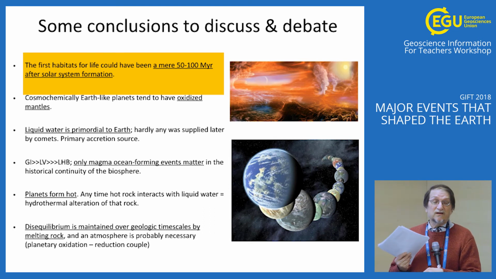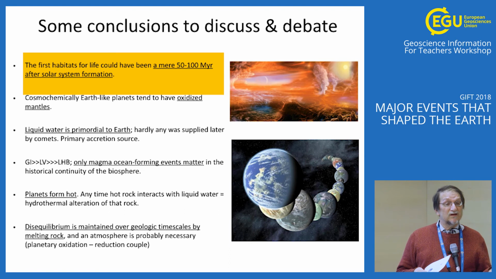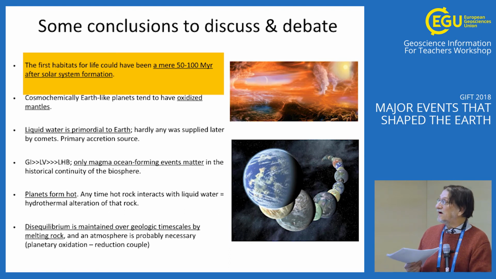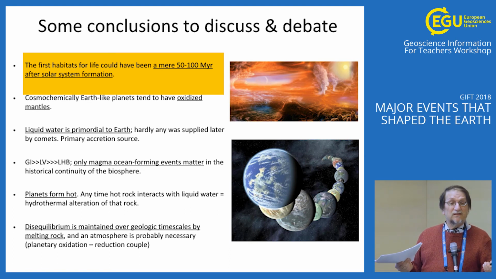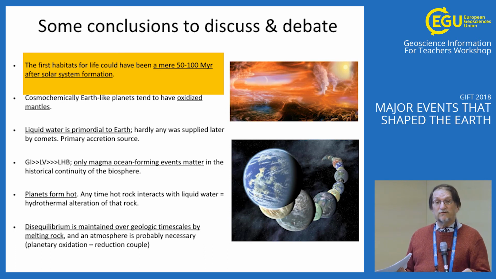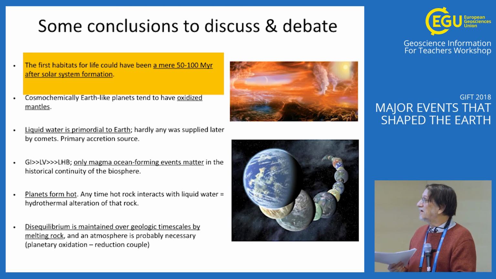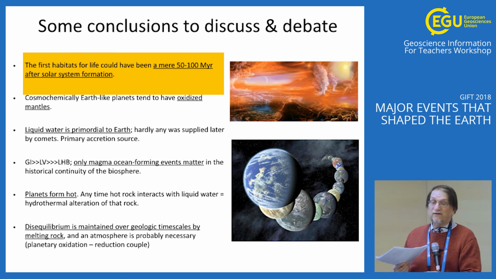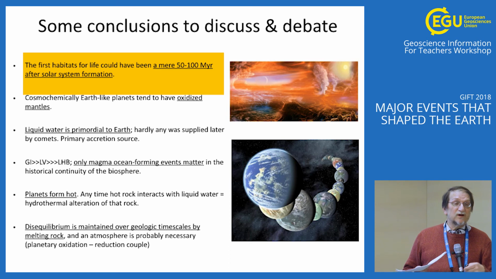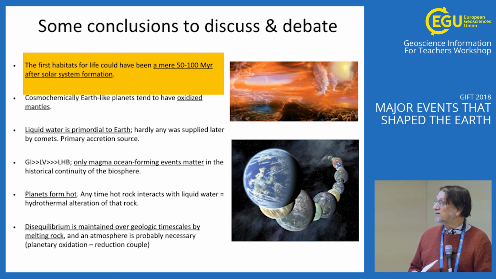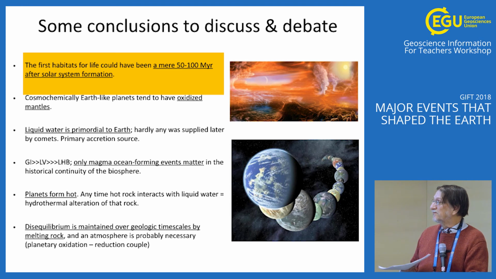You had to have oxidized mantles for conditions so that life as we know it on the Earth could start. And you had that, because of so much water, you had those oxidizing conditions. Liquid water on the primordial Earth, hardly any of it was supplied by comets. Embryonic planetesimals hitting the Earth provided a lot of that water. The magma-forming events were part of the formation of the biosphere.